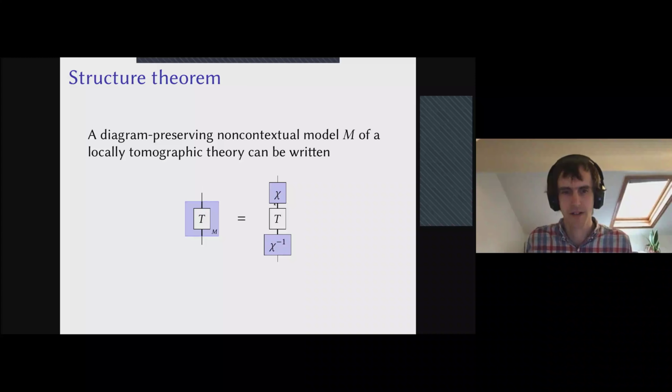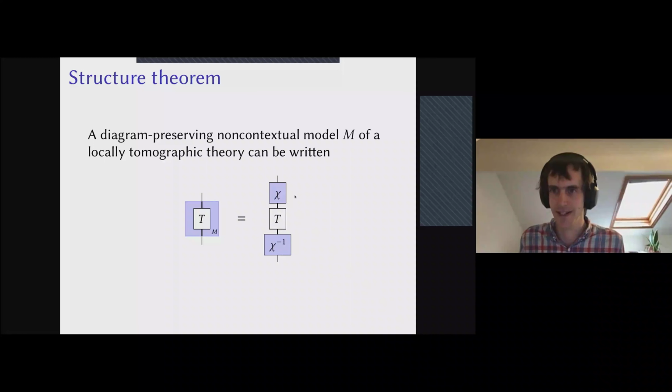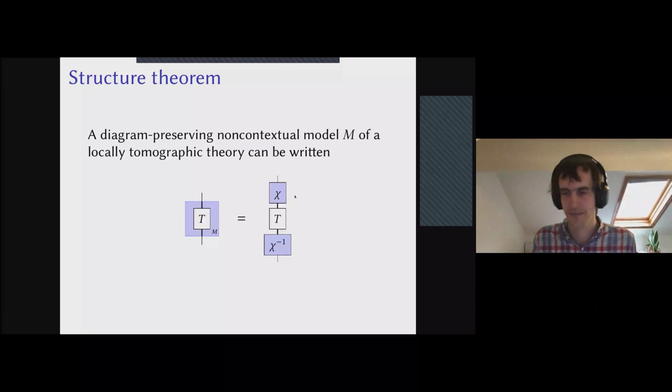Beyond that, we're not really saying much new about the quasi-probability case, because I think people already knew that once you've defined a frame, in this case where you're using a minimal number of phase space points, that fixes your dual frame, which is what this chi and chi inverse is getting at. So really, I would say the new thing for quasi-probability representations is just that you shouldn't use a larger phase space. Got it. Okay, thank you.